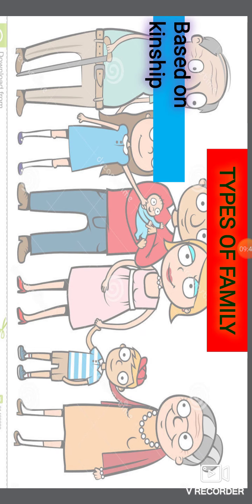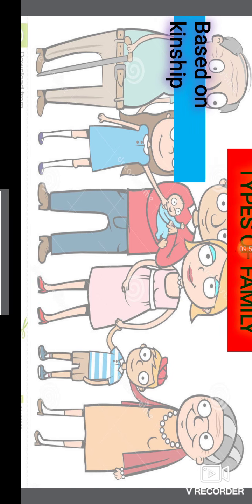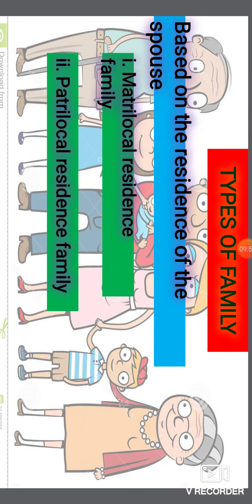There are three types of families in this following nature. The first one is based on kinship. And the second one is the family based on residence of the spouses: matrilocal residence and patrilocal residence.